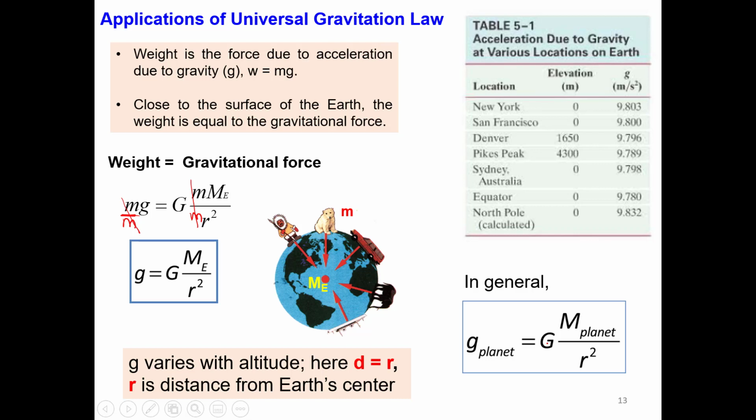Also, this equation is important because we can write it in general, and it is possible to calculate the g value for any planet if we know the mass and the radius of that planet. It works for any other planet.